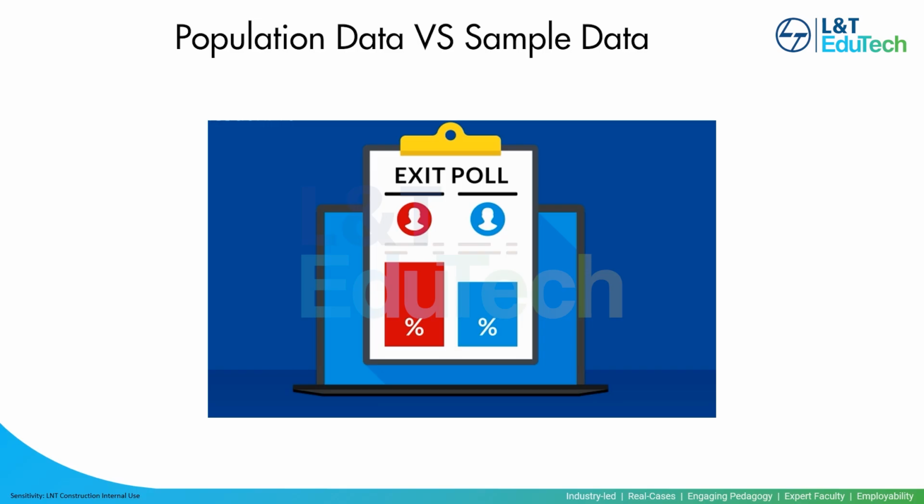At election time you can see some polls running at the bottom of every news channel. They will tell this party will secure this many votes, that party will secure that many votes. For these predictions, they go for the sample data, collect it, and give information about how the real-time data will work.